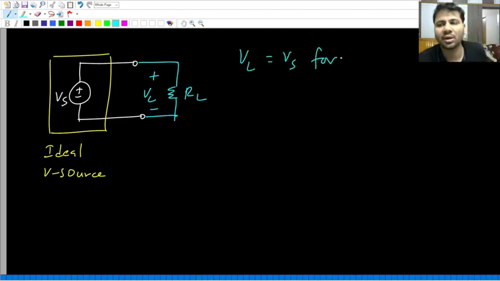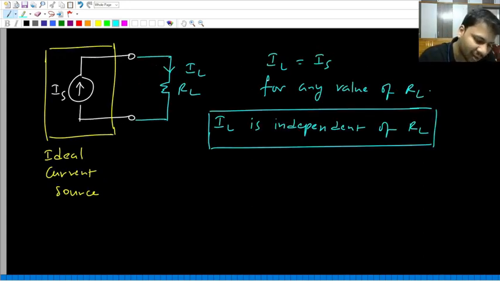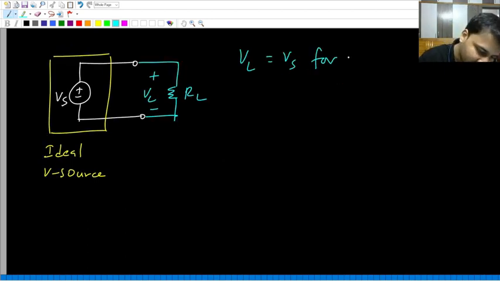Can I say VL equal to VS for any value of RL? Because whatever be the value of the load resistance, it will be in parallel with the voltage source, so always the value of the voltage source will directly appear across the load resistance. So just like the earlier case where we said IL equal to IS for any value of RL, in this case I can say VL equal to VS for any value of RL.